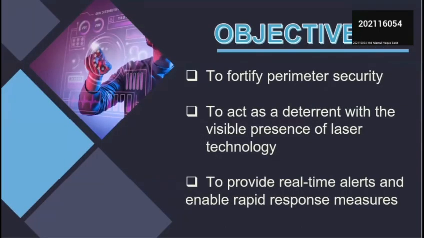The objectives of this project are to fortify perimeter security, to act as a deterrent with the visible presence of laser technology, and to provide real-time alerts and enable rapid response measures. Also, this project requires low maintenance and real-time monitoring.